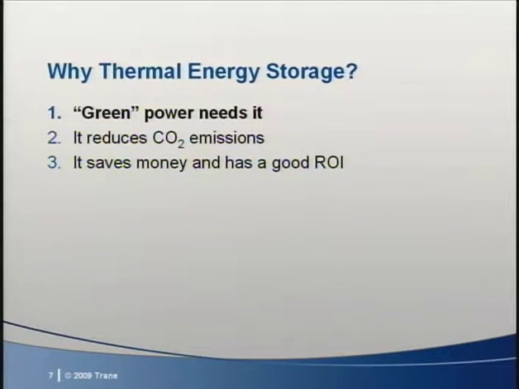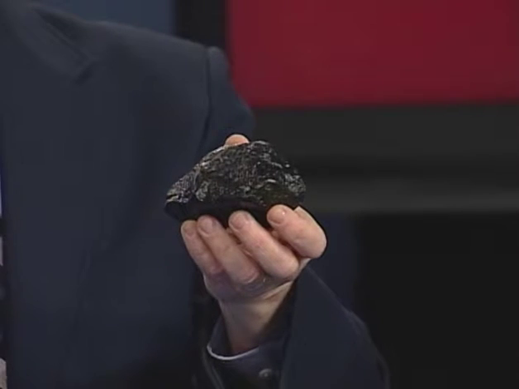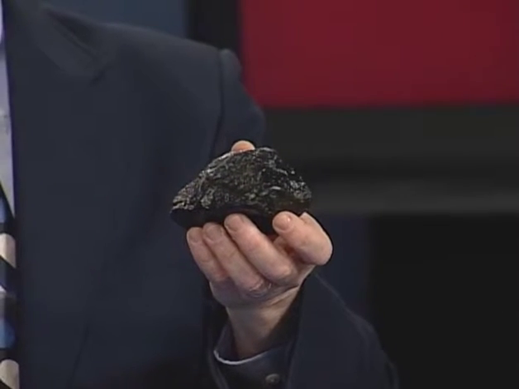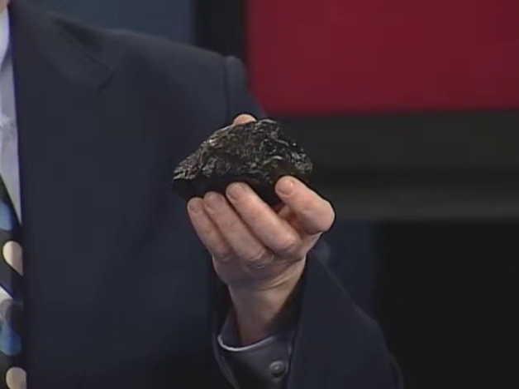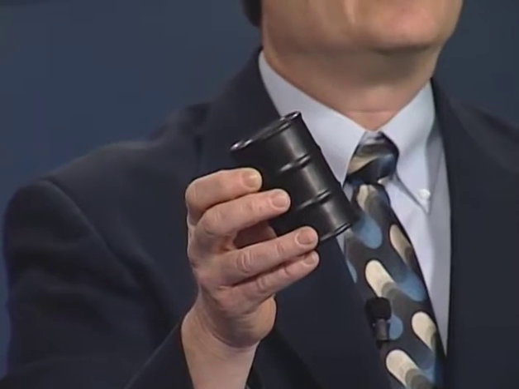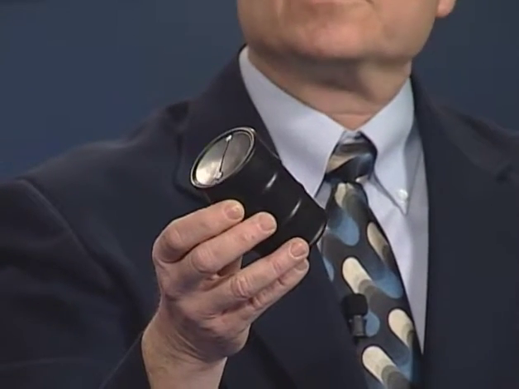Let's talk about why green power needs it. What is this? Alert observers would say bituminous coal, or if you're radically green, you might say it's one of those evil fossil fuels. And what's this? A barrel of crude oil. With last summer's oil prices, this is about the size of barrel that I could afford.